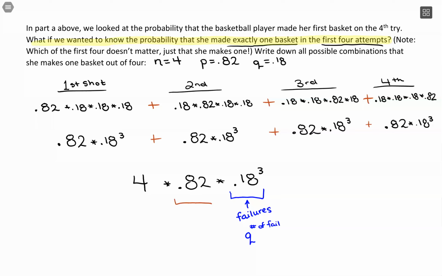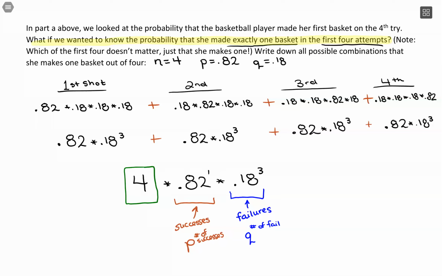And then this right here, if we think about that exponent of 1 right there, is that this will be our number of successes, which would be taking our probability of success and raising it to the power of number of successes.